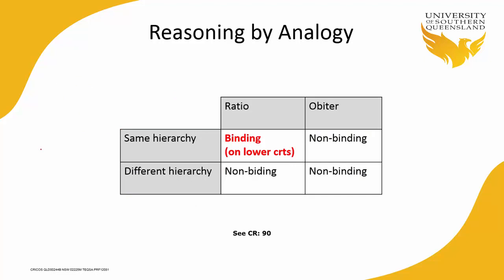Alright, so this is just a rehash, a summary of what we just said. If it's a ratio from the same hierarchy, it would be binding on lower courts in that hierarchy. If it's an obiter, it's non-binding. If it's also a ratio but in a different hierarchy, so for example, Donoghue v Stevenson was decided in the United Kingdom.